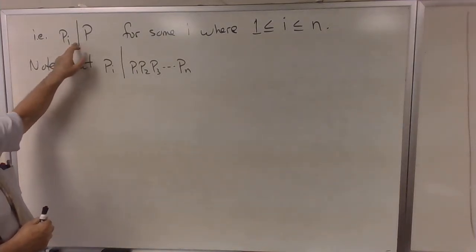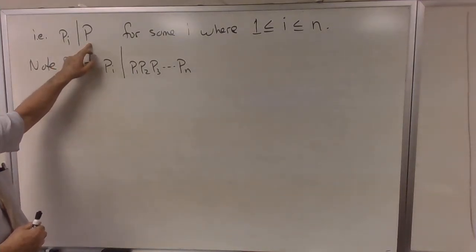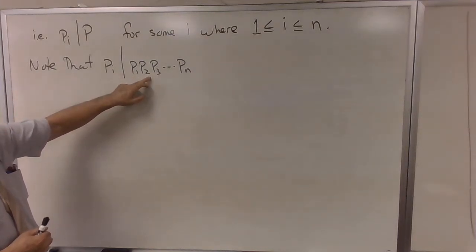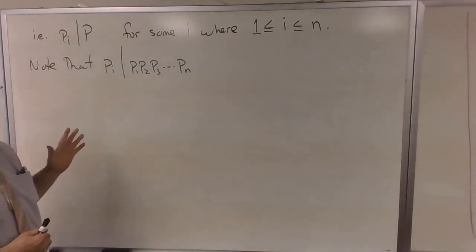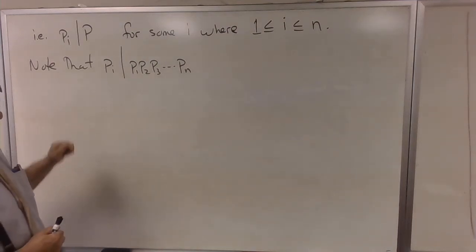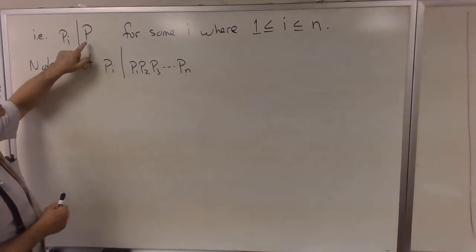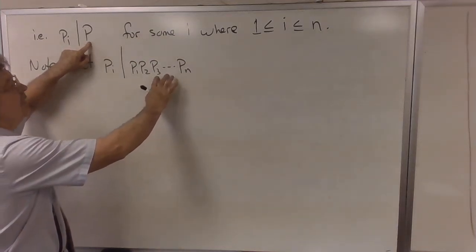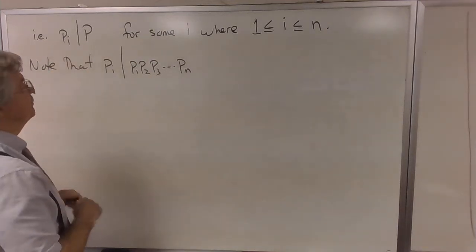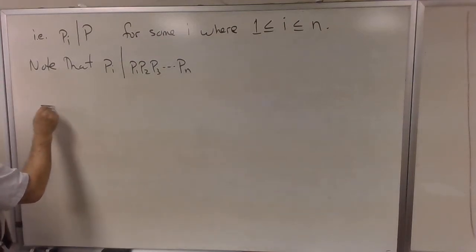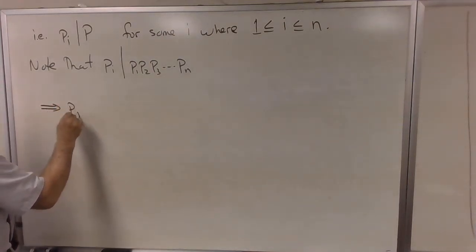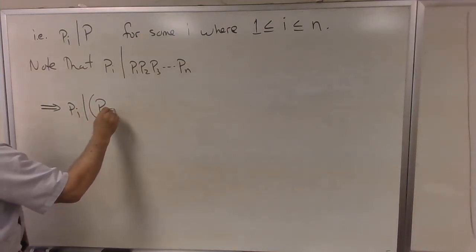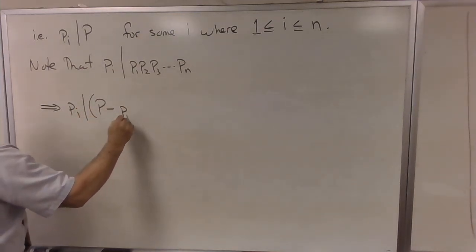So P sub I divides P, and P sub I divides this product, which means that P sub I has to divide any linear combination of P and this product. So P sub I divides P minus this product.